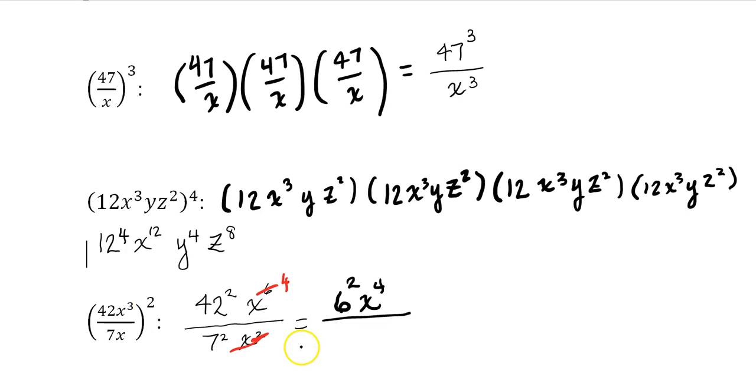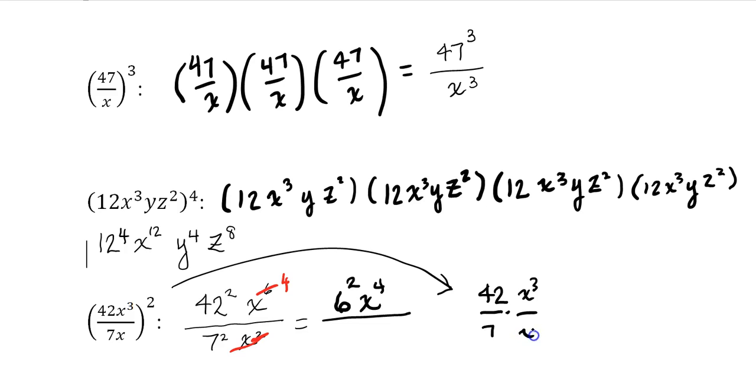The other thing I could have done is if I spotted this ahead of time, I could have simply said 42 divided by the 7, and then I have an x cubed over an x. So I can pull that. That becomes a 6.